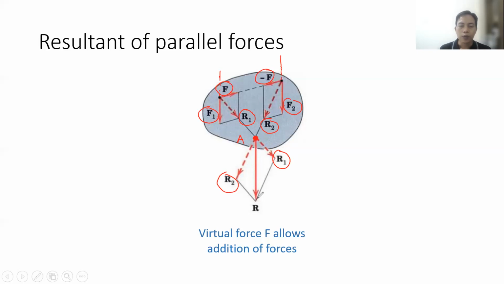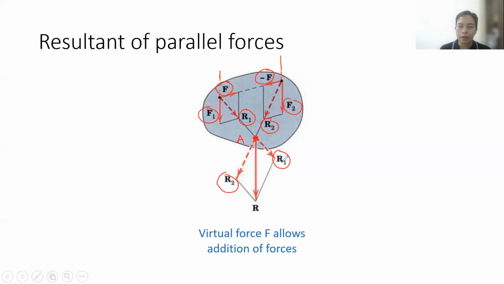Then now we can obtain the direction and the magnitude of R. So we have the common point of application here, and we know the direction and magnitude of R. So where do F and minus F go?